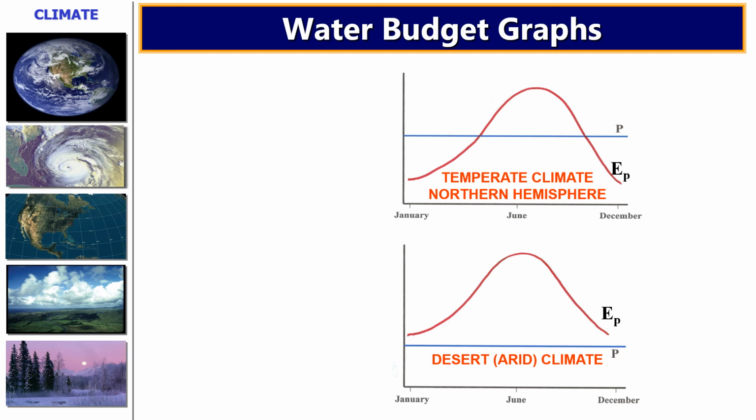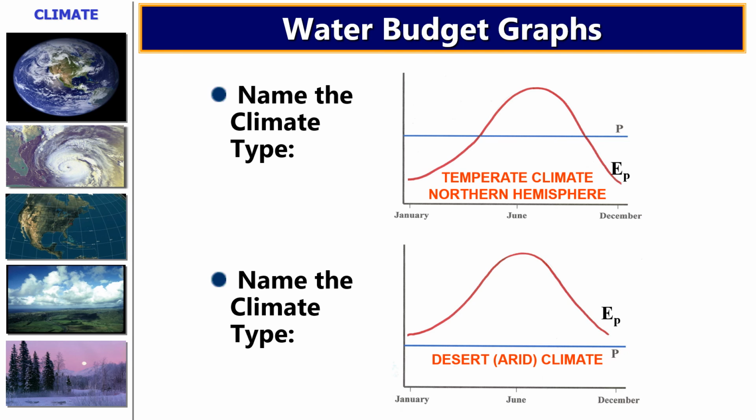Here we have a couple water budget graphs where we can see our climate types. Our first one is a temperate climate in the northern hemisphere. So our PEP number is probably somewhere around 1.